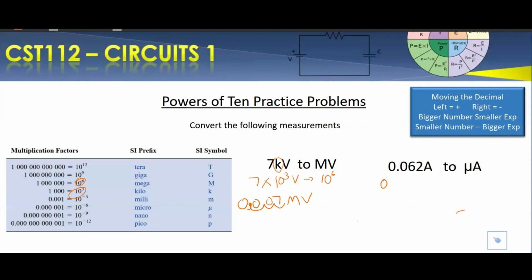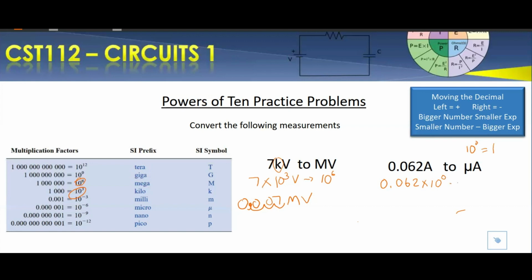So it looks like this: 0.062 times 10 to the 0, because 10 to the 0 is just 1. So it's really not doing anything. But just so that we are following the same format, we'll write it out this way.